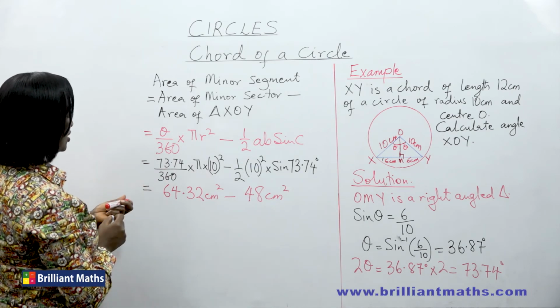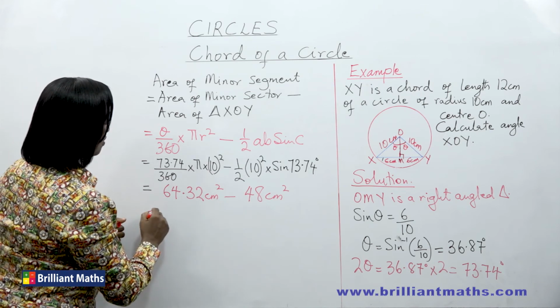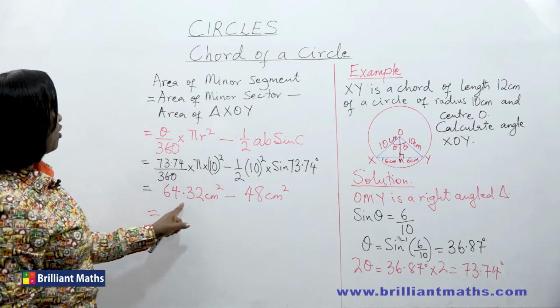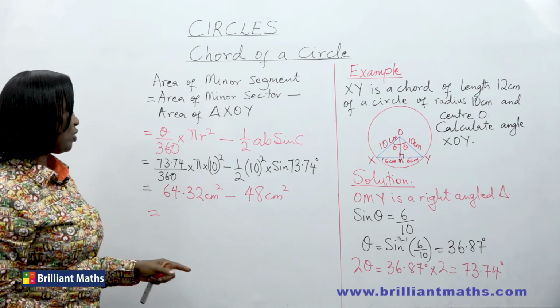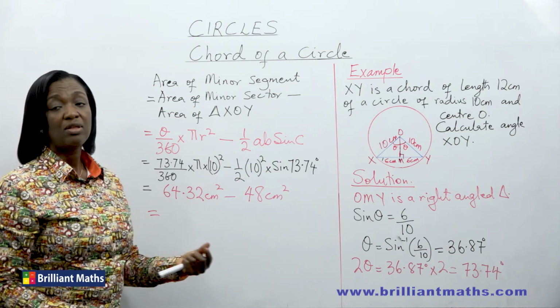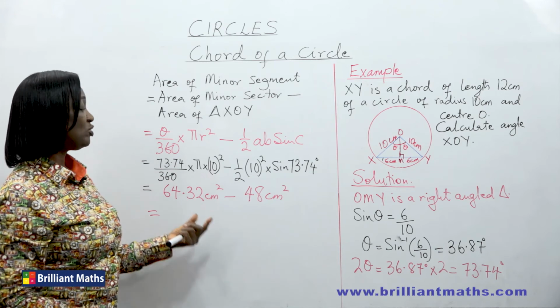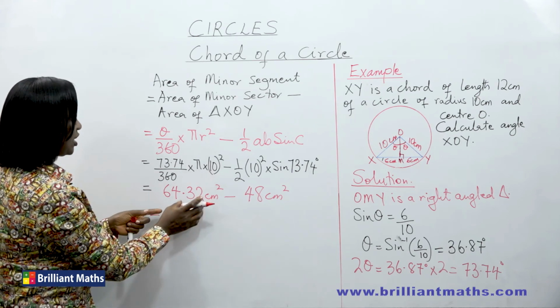And that would give us 64.32 minus 48 centimeters squared, which will give us 16.32 centimeters. Look at that.